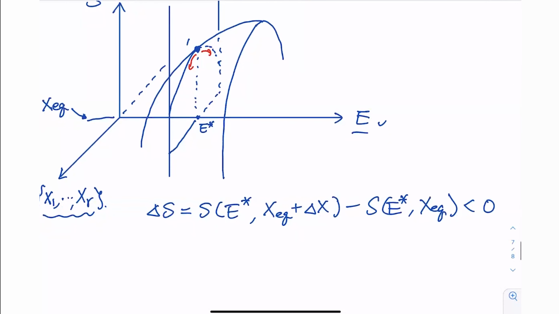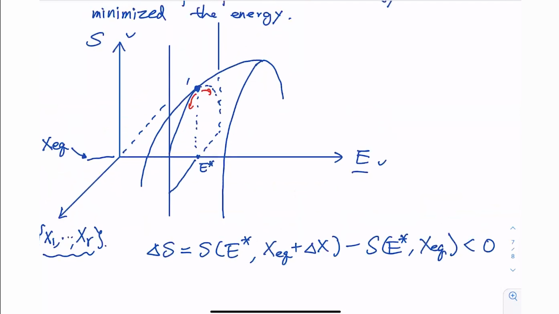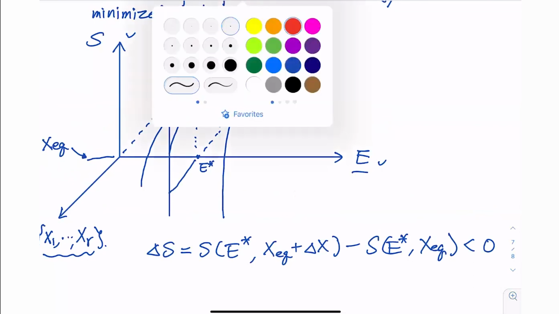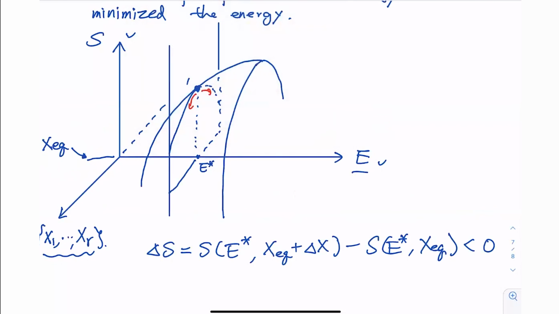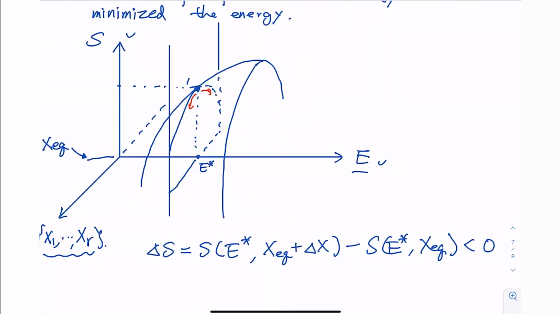As I mentioned, because the entropy is a concave function, it is equivalent to saying that if we consider the case where we have a fixed entropy, what we are doing is making a cut horizontally.